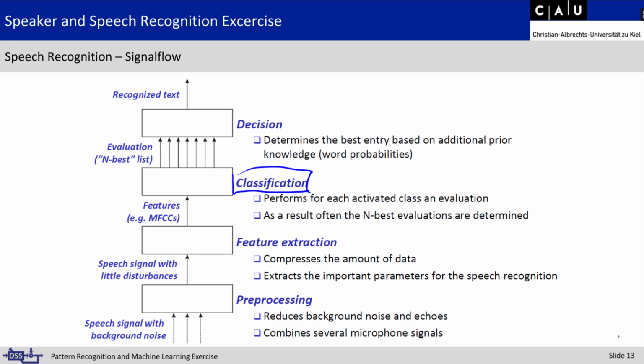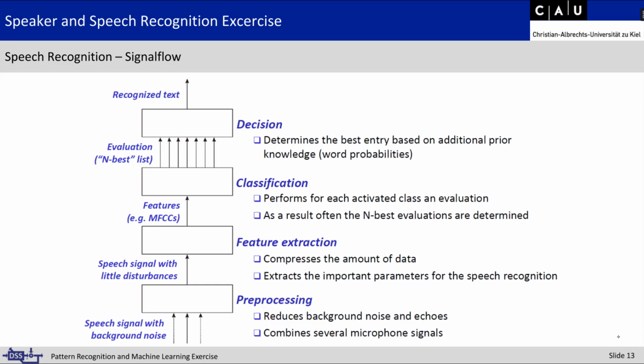So we calculate the probability for each model that we have trained. In speaker verification and identification, those are the models for each speaker. In speech recognition, this might be models for certain words or phonemes, for example.